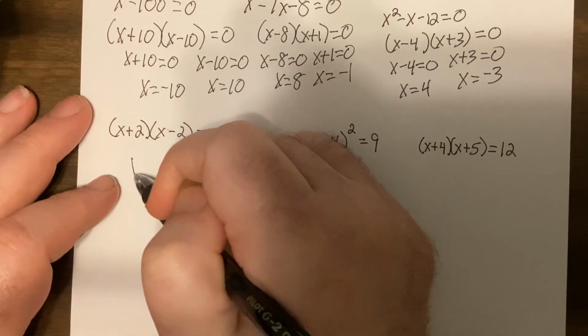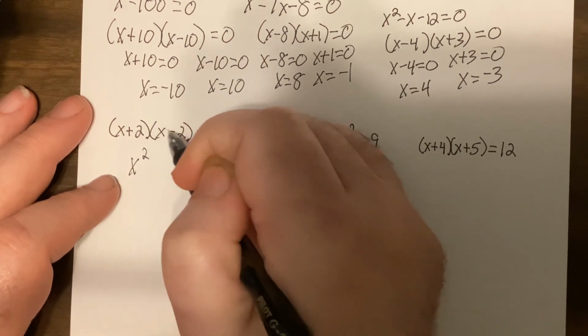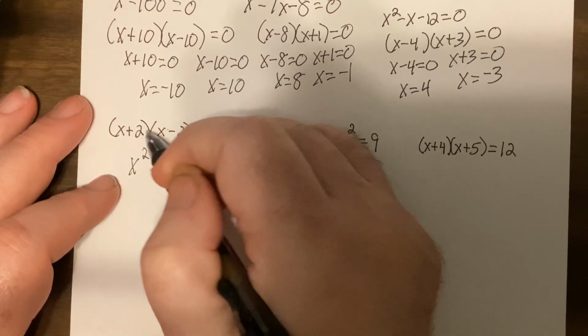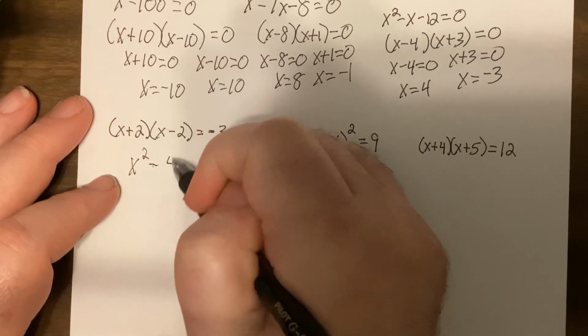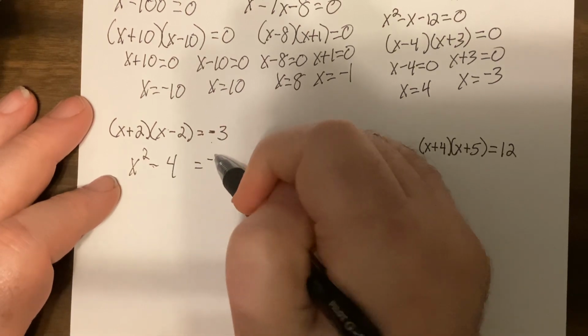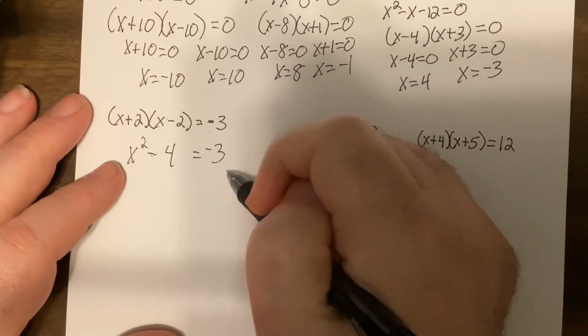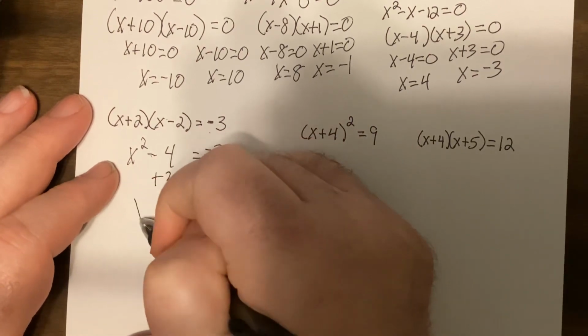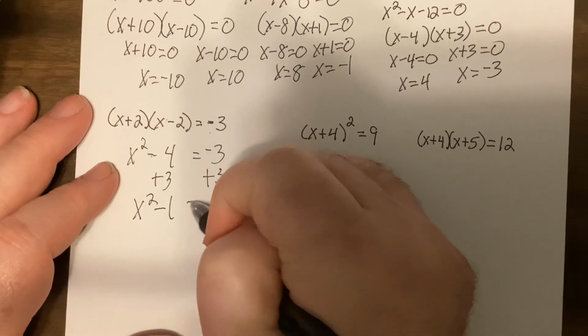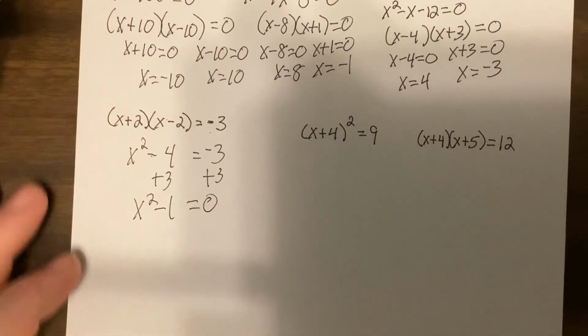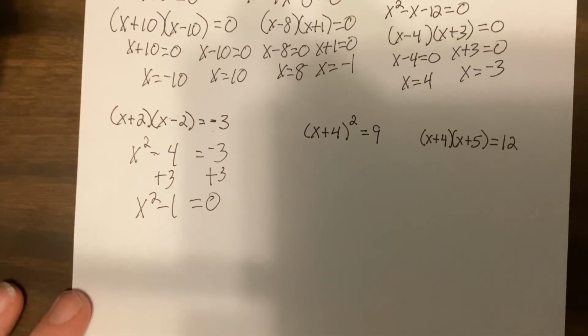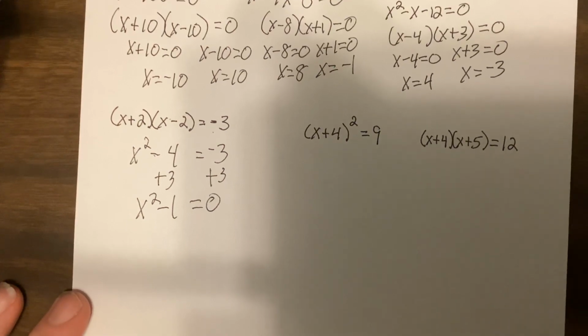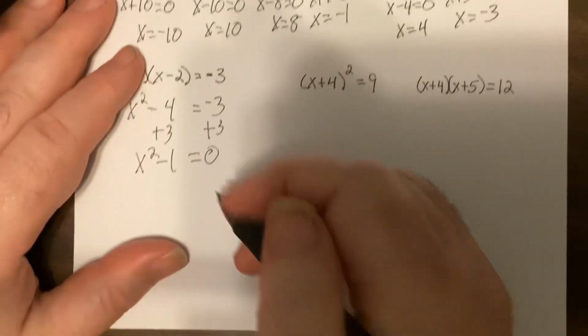X and x is x squared. 2x minus 2x is 0. 2 times -2 is -4. Now I'm going to add 3 to both sides. So I can get something equal to 0. Now that I have something equal to 0, I can worry about the product. So I'm going to factor this up.